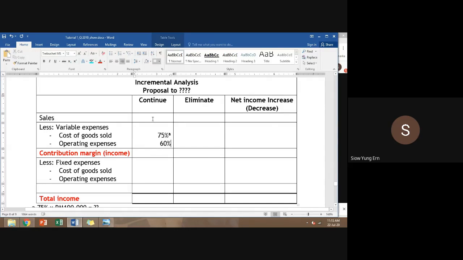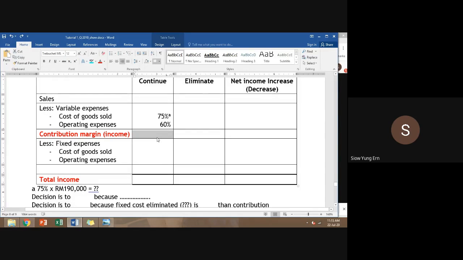Next, sales less variable expenses. What do you get for your contribution margin? Sales less your variable expenses. Correct, 62,700. Contribution margin is 62,700.